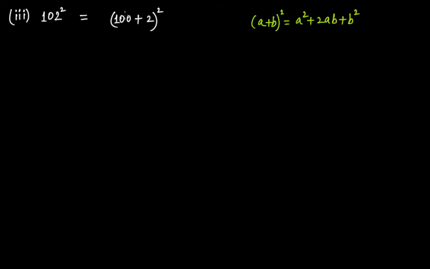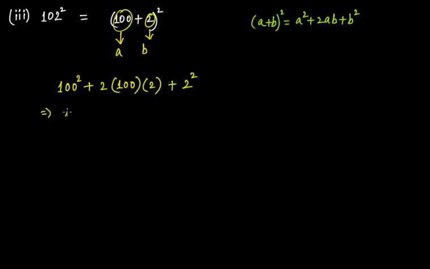So if you take this as a and this as b, then a squared means 100 squared plus 2ab is 2 multiplied by 100 multiplied by 2 plus b squared means 2 squared. So if you solve this, you get 10,000 plus 2 times 100 is 200 times 2 is 400 plus 4. So this is 10,404.